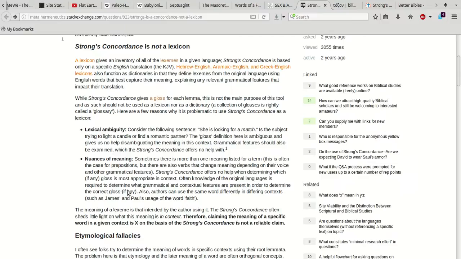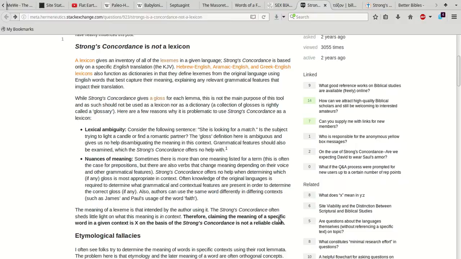The other caution is nuances of meaning. Sometimes there's more than one meaning listed for a term. It offers no help when determining which, if any, gloss is most appropriate in context. So here again, Strong's is not concerned with context. Often, knowledge of the original languages is required to determine what grammatical and contextual features are present in order to determine the correct gloss, if any.